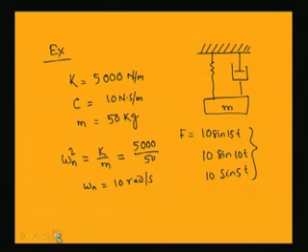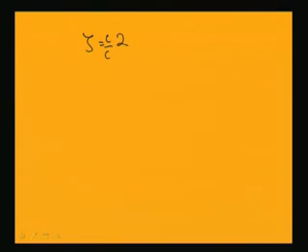Also you know zeta is nothing but c by c c, that is damping by critical damping, which you can write in terms of mass and natural frequency of the system.